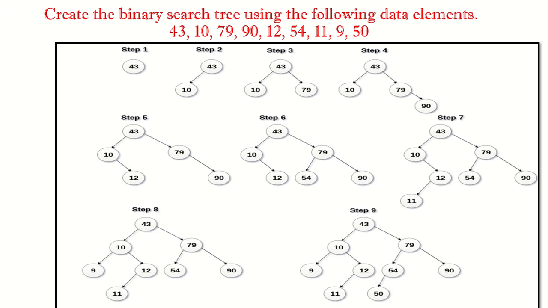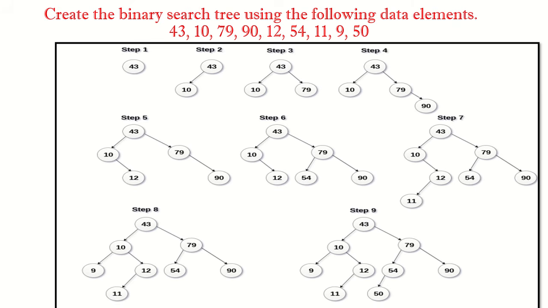The first ADT is creating a binary search tree from n elements. Let us have a look at how to create a tree that holds the binary search tree property. Consider this example.